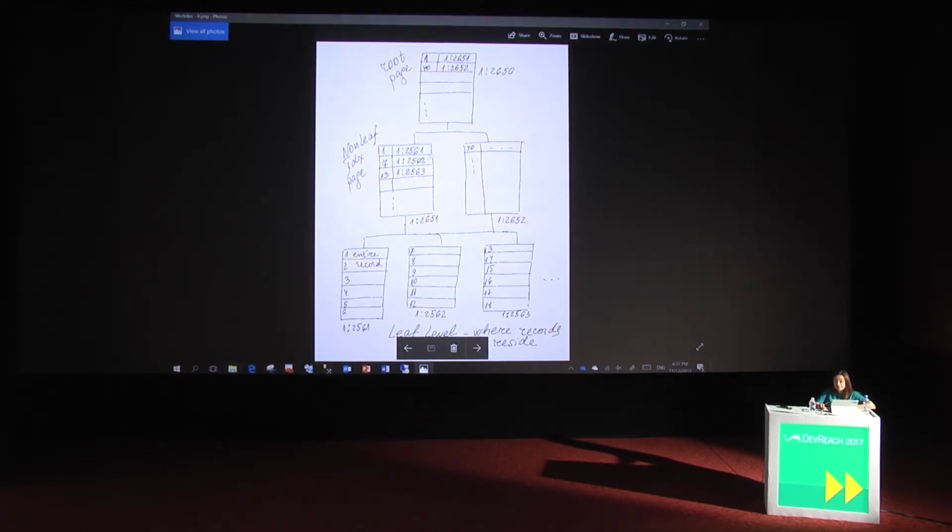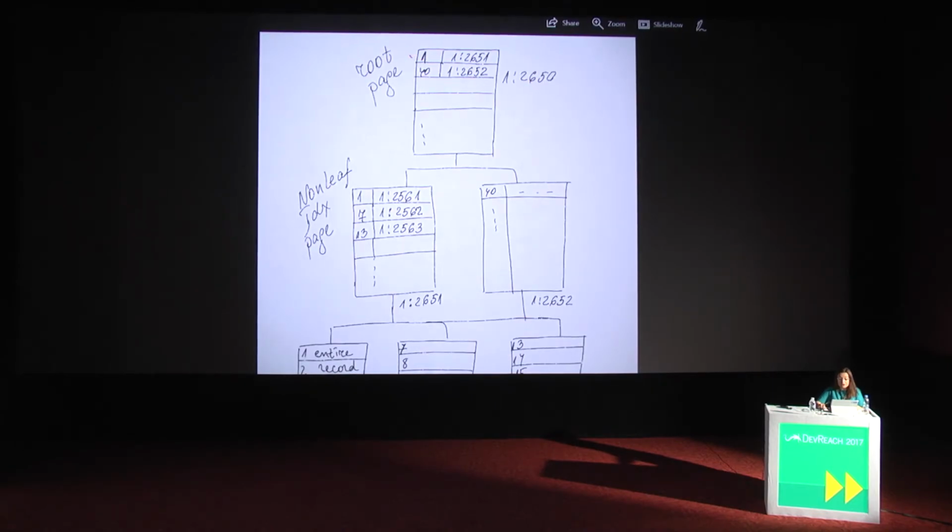So I have an index key stored here on my index level pages. I know that my sales order IDs, starting from 1 to 7, are stored in page 12561. If I search for a particular sales order ID, then I usually start from the very root page, from here, for example. Let's assume that I'm searching for sales order ID 7. Then I start from here.